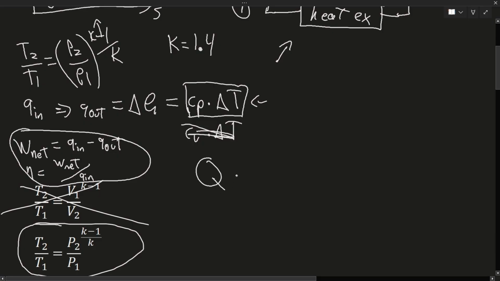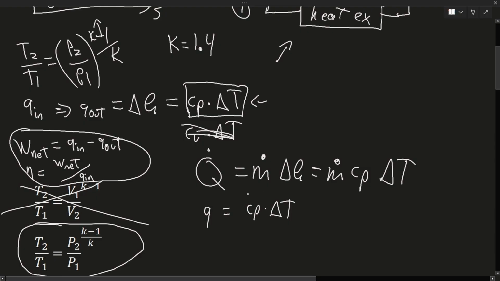What's the difference? Capital Q takes into account the mass, the amount of mass that's going into your system, delta H. Or what you're going to use is this, Cp delta T. Okay? Little q is just Cp times delta T. Okay? That's the only difference. And that's all you need to know for your exam.